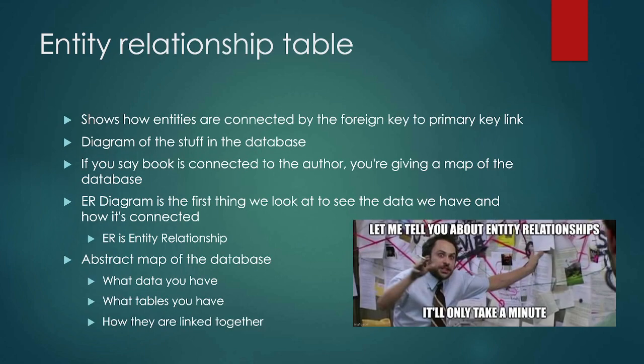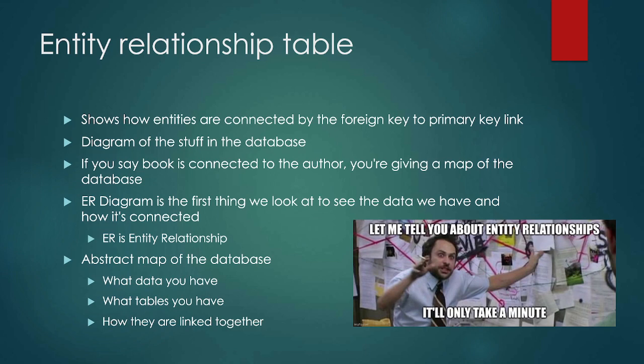The reason that this is going to end up being really important is because when we are talking about our databases, we are going to need a way to be able to picture how the data is being saved. Because if we try to just say, show me the whole database, that would actually be really difficult and would likely be very confusing to see that raw data dump. So one of the things that we'll do is an entity relationship table or entity relationship diagram.